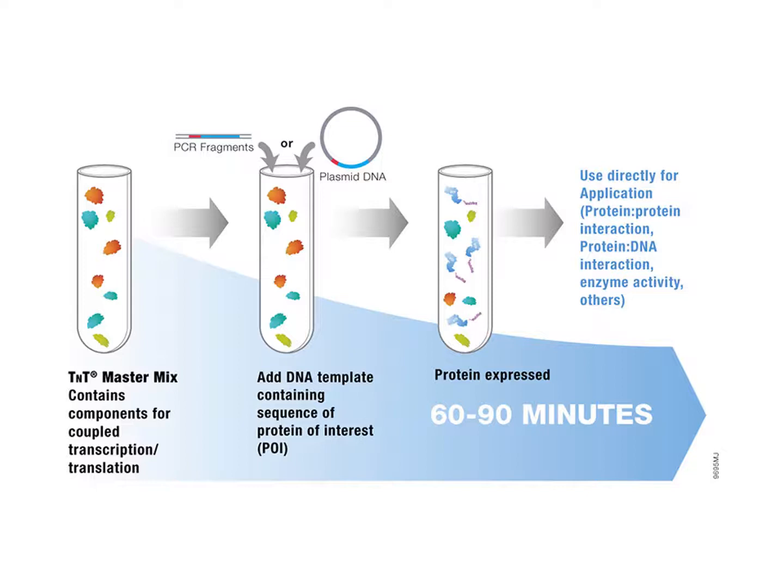Yeah, we've been talking about domains. So people say, well, how do we know a domain is important? Well, you can actually make just that part of a protein in these in vitro transcription-translation mixes, and we can then have a partial protein for further study.